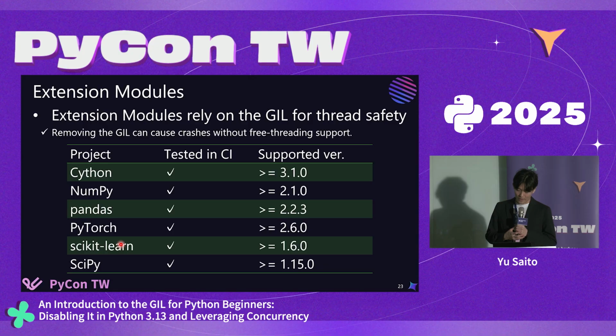Specifically, when using modules such as NumPy, Pandas, PyTorch, scikit-learn, and SciPy, described in the table, it is necessary to check that you use a supported version of the library.